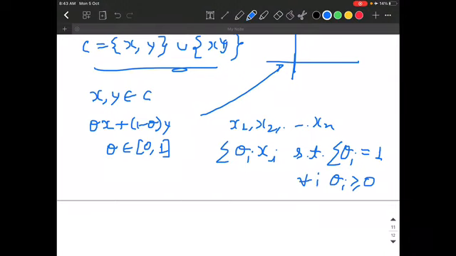Earlier we had the affine combination, sigma theta i xi, such that the sum of theta is 1. Here we have an additional condition that each theta i must be greater than or equal to 0. We will come to more examples of this, because this is the focus of this lecture.